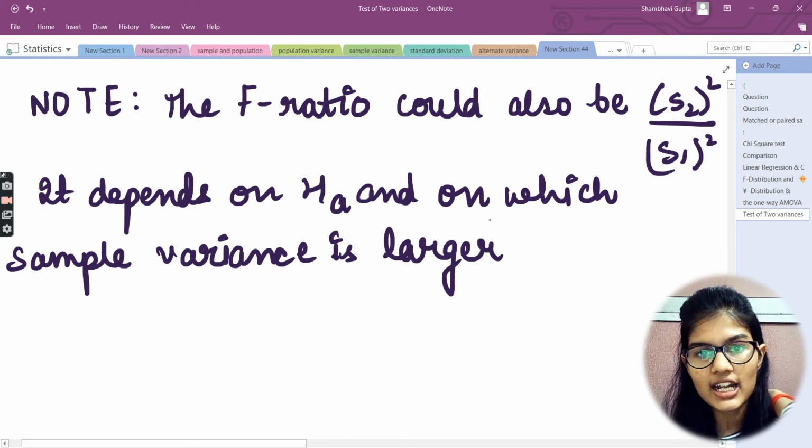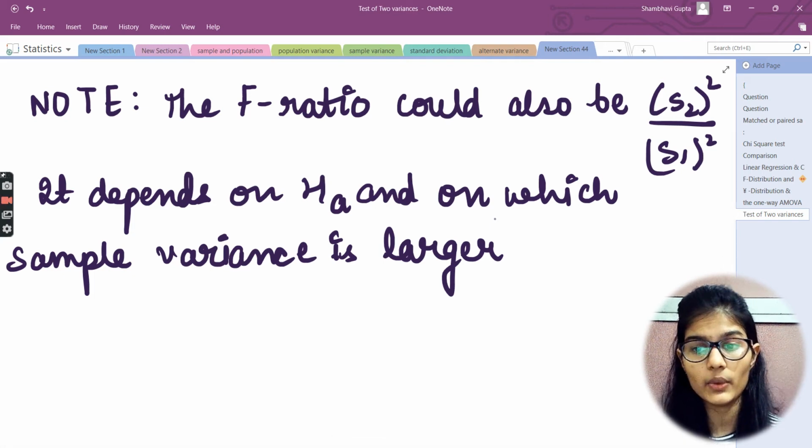It depends on HA, that is the alternate hypothesis, and on which sample variance is larger.